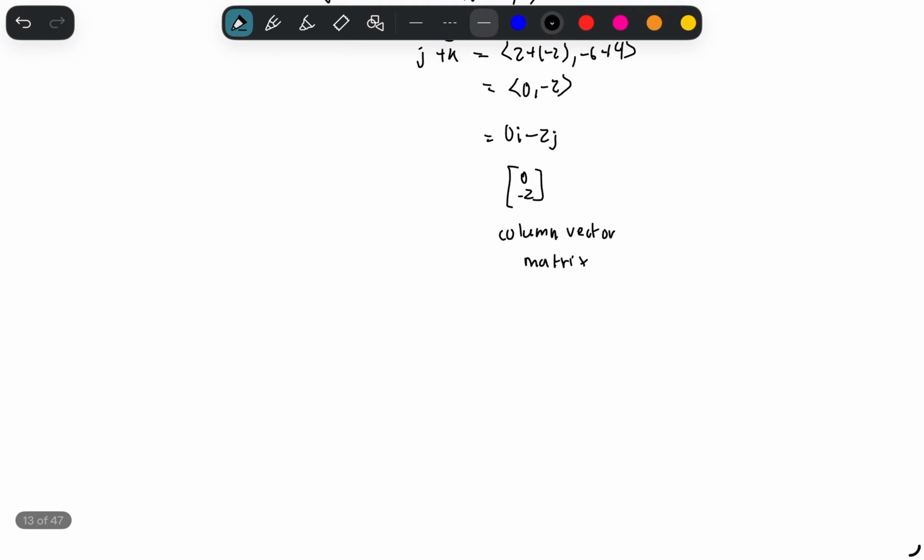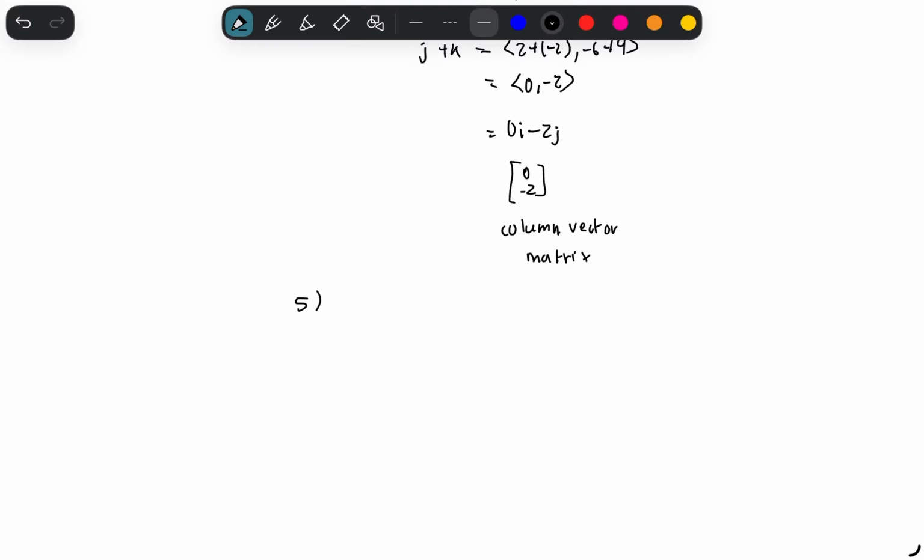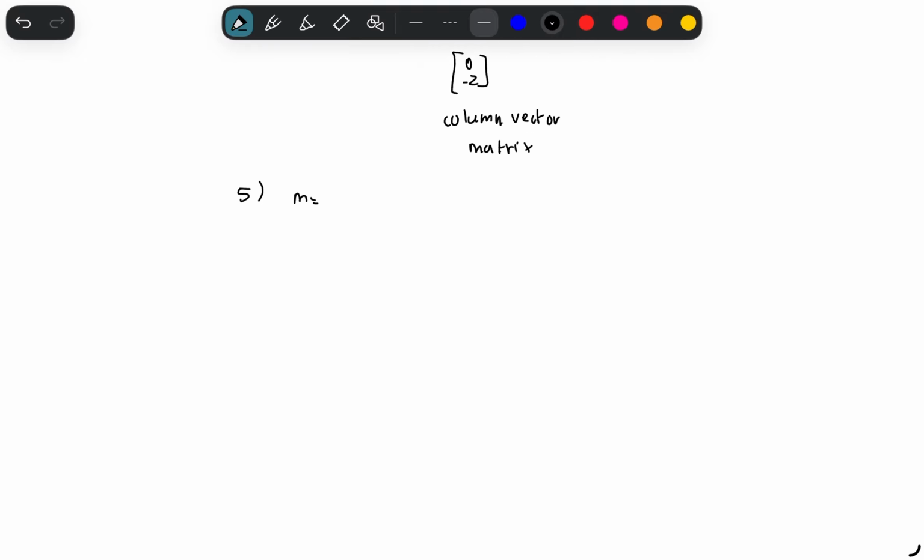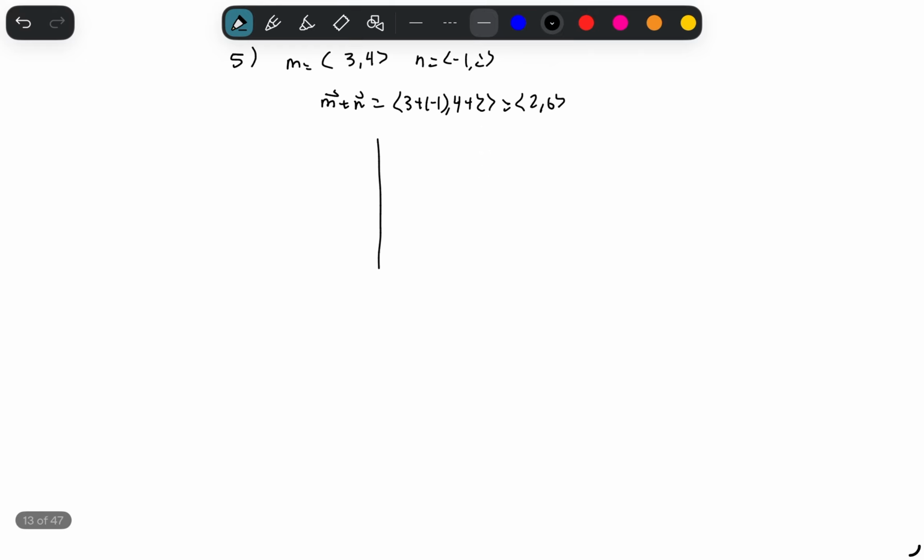What about if we had m is 3, 4, n is negative 1, 2. So let's say that we had two vectors like this.